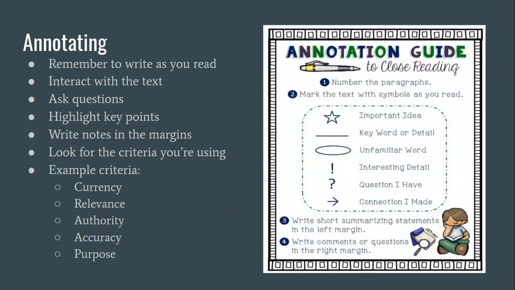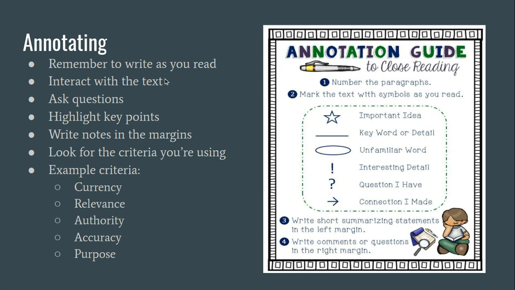So just a quick overview of what we're doing when we annotate, in case annotation is still somewhat new for you. Remember that you should be writing as you read. So for all of the things that I assign, whether they're from the textbook, from an article, or even for videos, you should be writing things down as you read or watch those things.